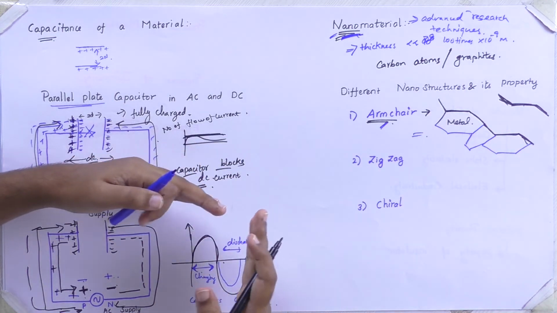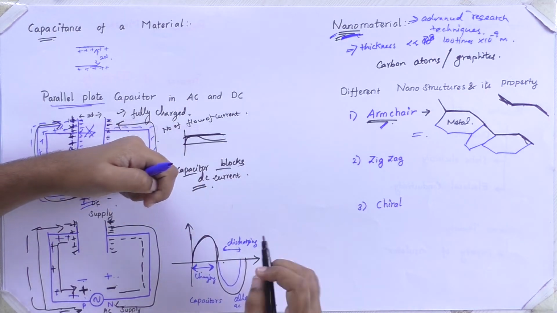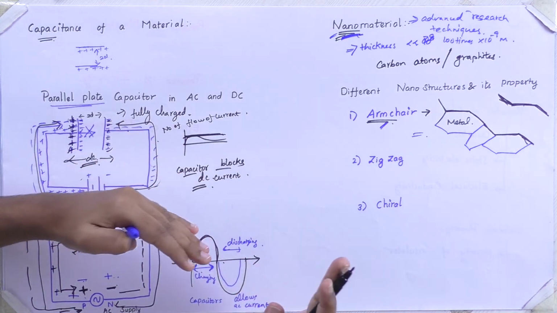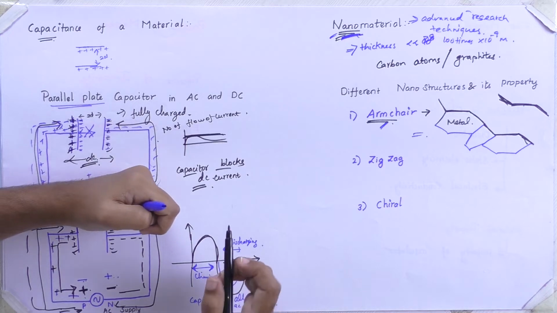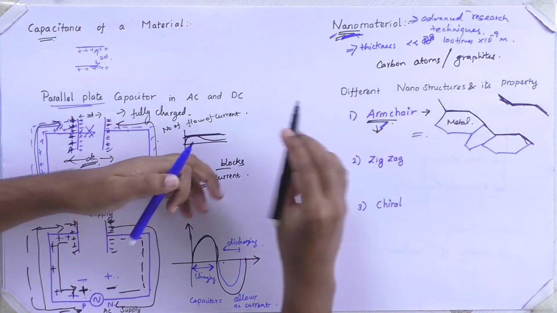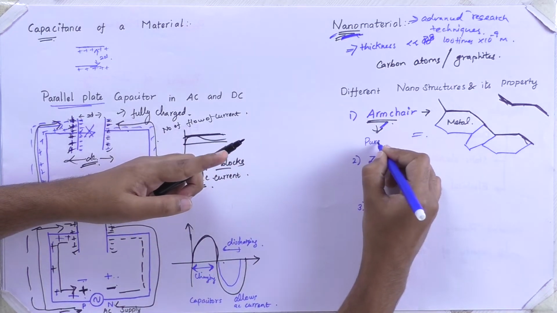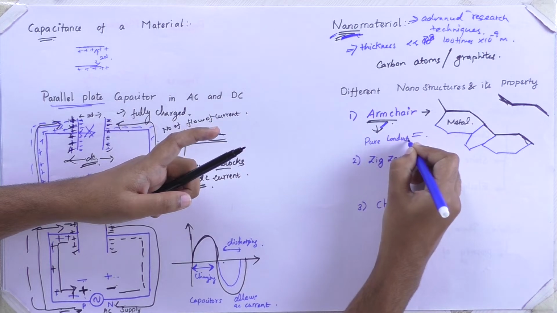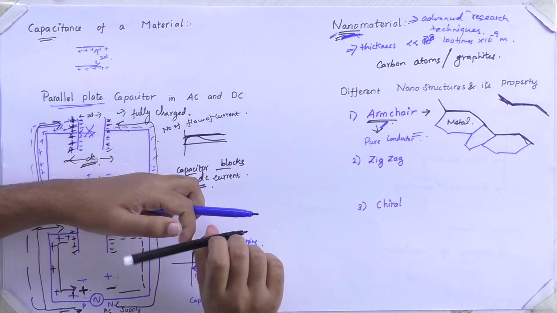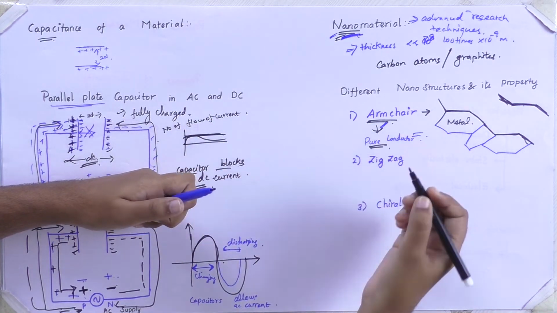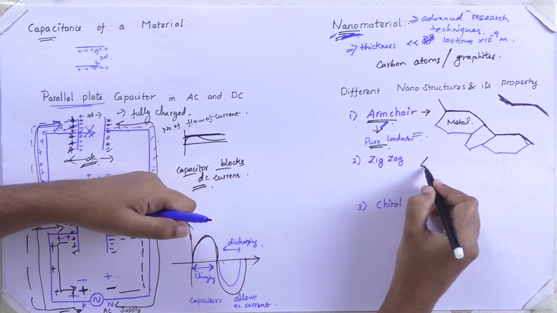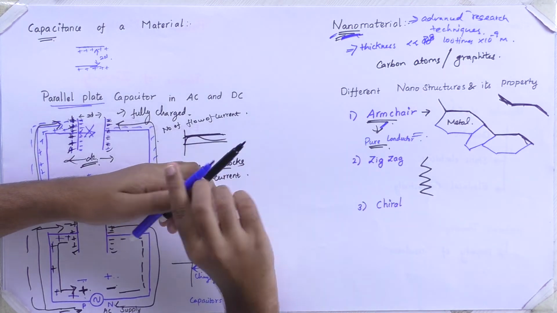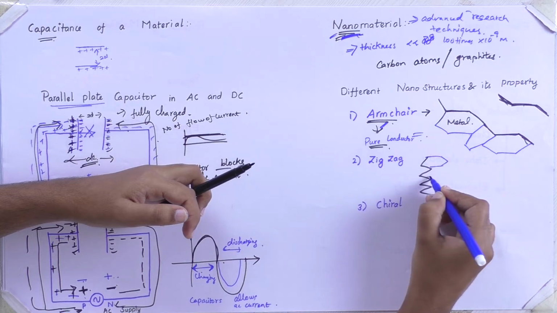As we all know, metal is a pure conductor. All types of metal are pure conductors. So armchair structure type of nanomaterial is a pure conductor. Similarly, in zigzag, the structure will be of zigzag type.